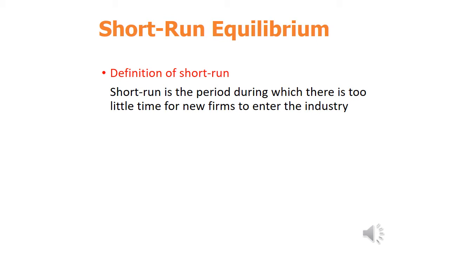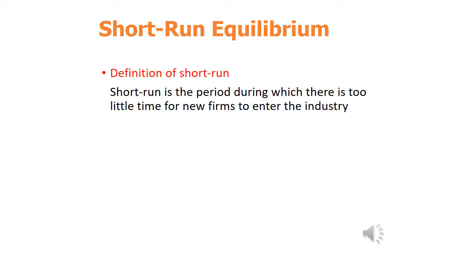The short run would be the period whereby there's too little time for new firms to enter the industry. Later on there'll be a series of adjustments. What we are really doing is breaking the story into half. You will get to see this later.